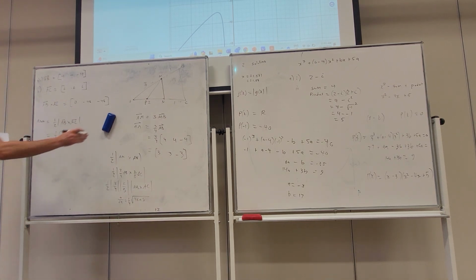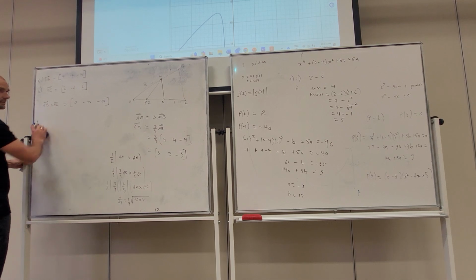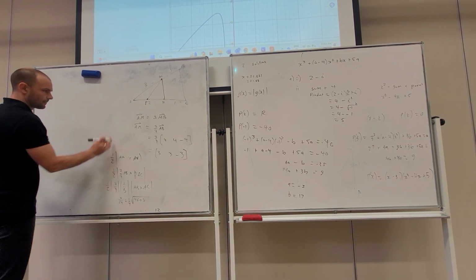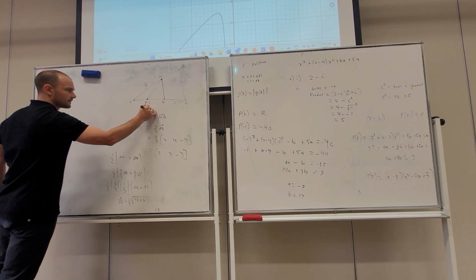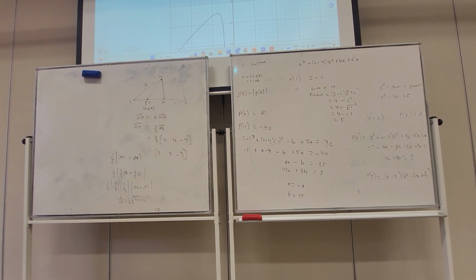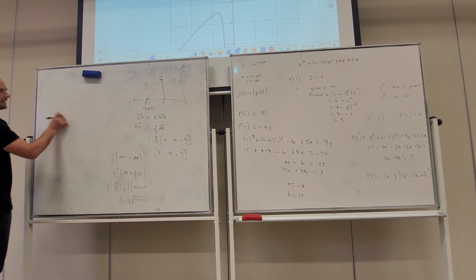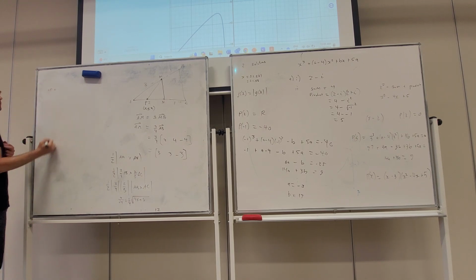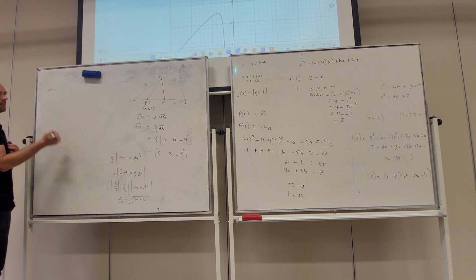Okay, so how should we do this? I would anticipate we're going to try and use something similar. We don't know the coordinates of P, we'll call them X, Y, Z. But what we do have is vector AP is equal to some scalar multiple of vector AC, right?